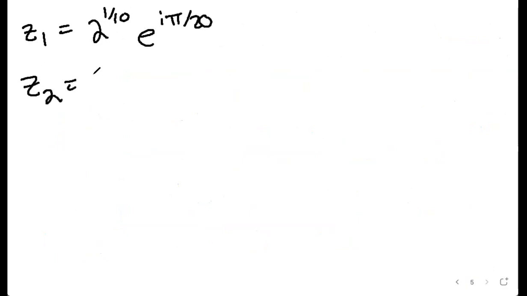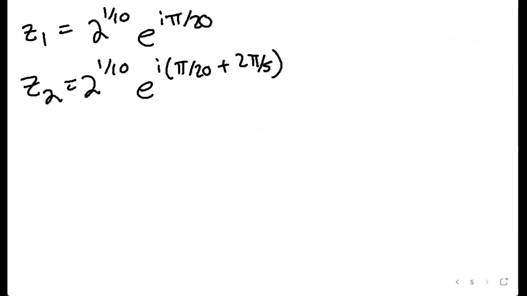So let me make a list of our roots here. I'll call them z1 to z5. z1 is just going to be 2 to the 1/10 e to the i pi over 20. For z2, all of them, we're not changing the r. We're just going to add integer multiples of 2 pi over 5 onto the theta.